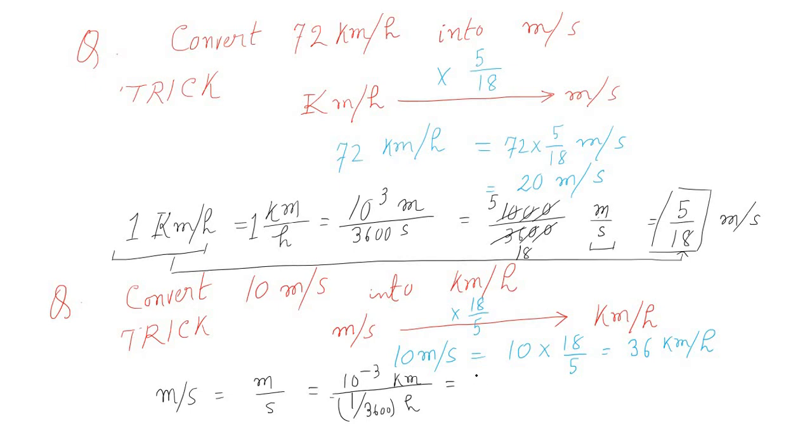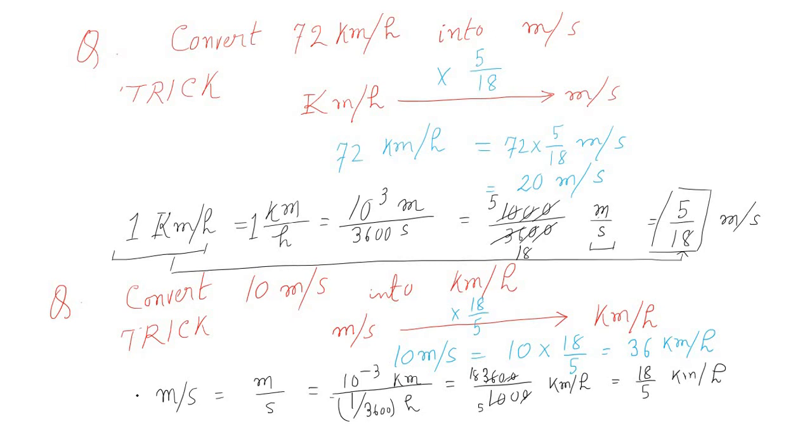So in the equation we get 3600 at the numerator and 1000 at the denominator, giving kilometer per hour. After cancellation and simplification, we get 18 by 5 kilometer per hour.